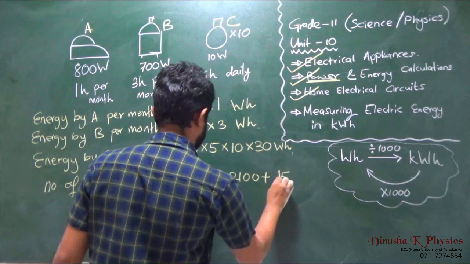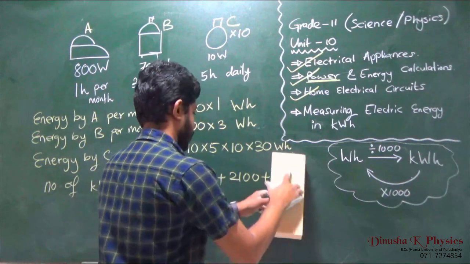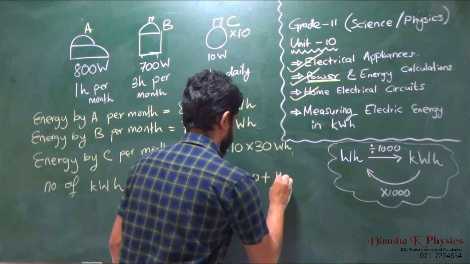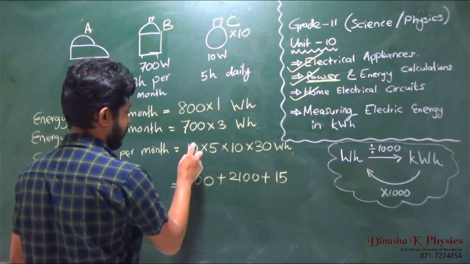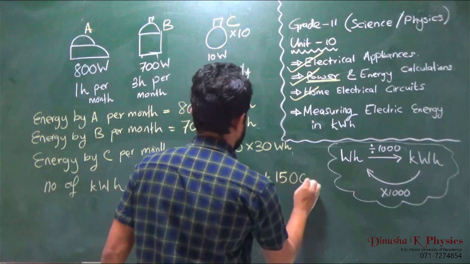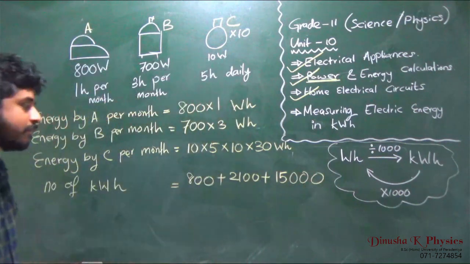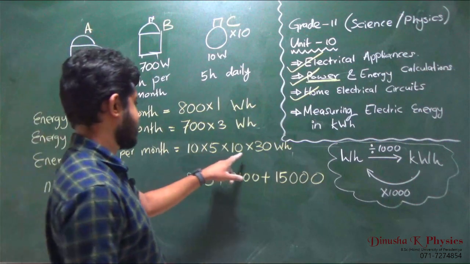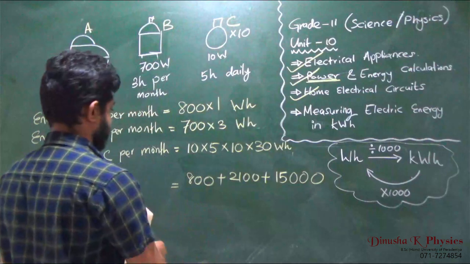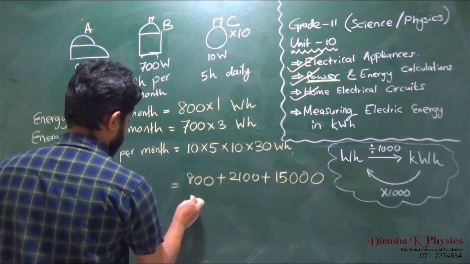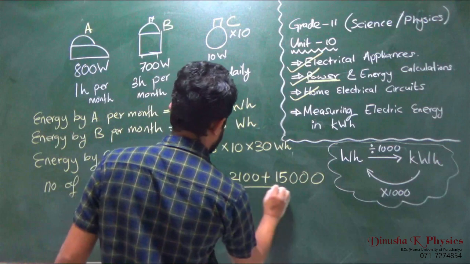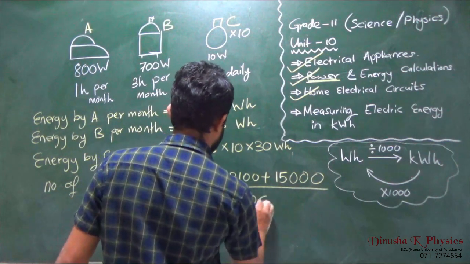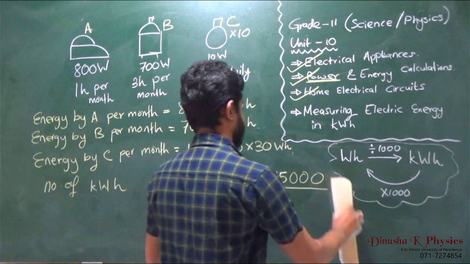Sorry, yeah, I don't remember it exactly. 15 and you have to add 3 zeros. And this must be divided by 1000 again to convert to kilowatt hours.